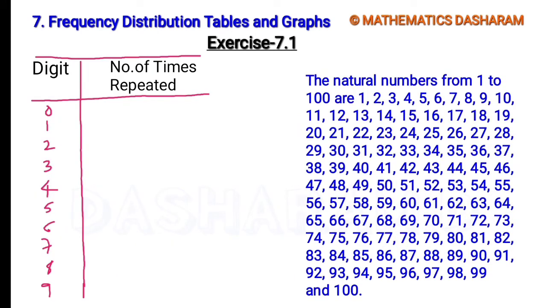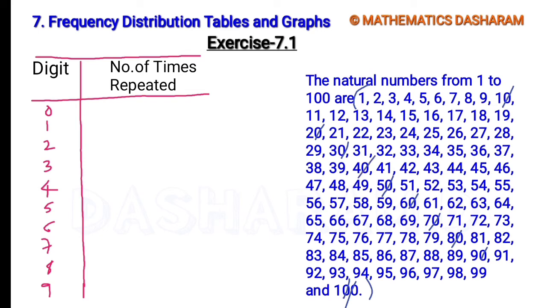Let's fill this table. First digit, next number of times repeated. First 0, see from here to here numbers. So 0 repeated here 1, next 2, next 3, next 4, next 5, 6, 7, 8, 9, 10, sorry here 11.